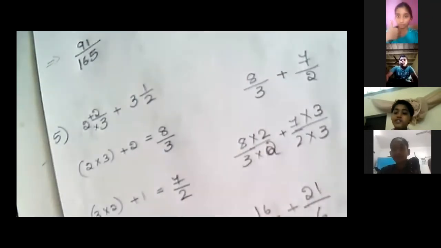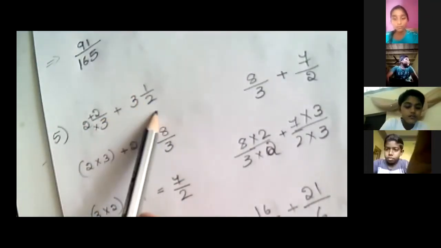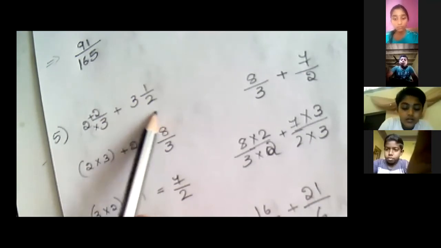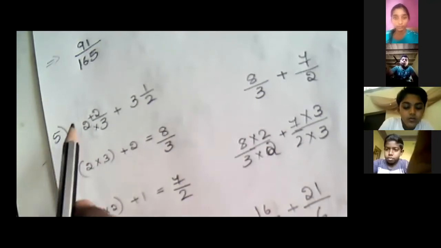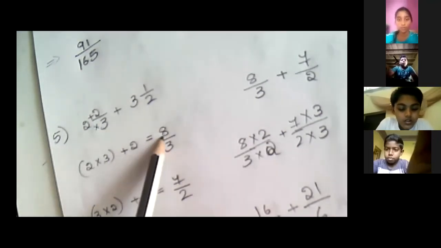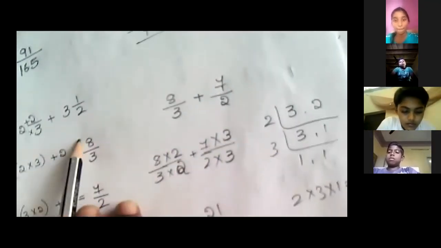Is this clear? Listen carefully one more time. Here they have given 2 and 2 upon 3 plus 3 and 1 upon 2. They have given mixed fractions. We have to convert these to improper fractions. So 2 3s are 6, 6 plus 2 is 8 upon 3, and 3 2s are 6, 6 plus 1 is 7 upon 2. Now these two are the new fractions.